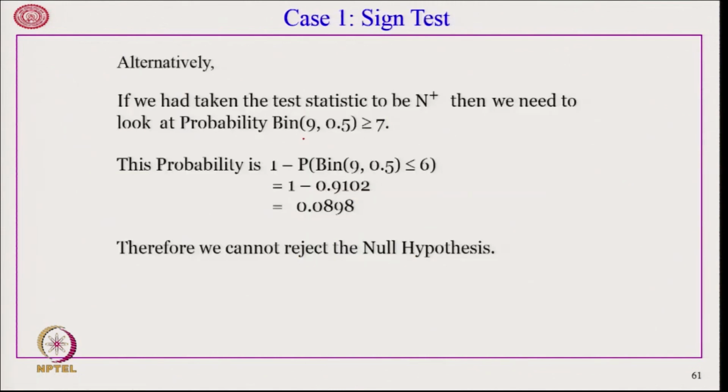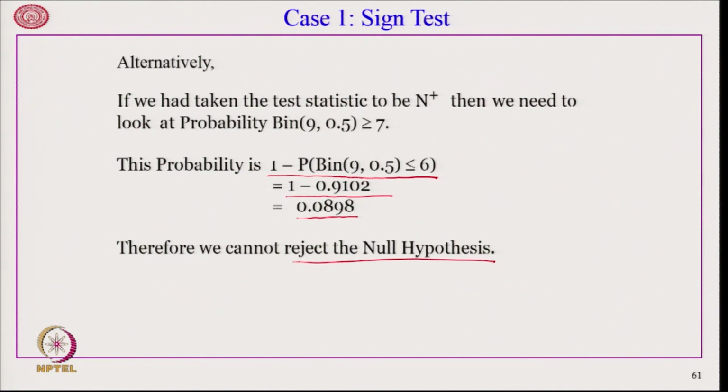Therefore, the probability is 1 minus 0.9102, which comes out to be 0.0898. Therefore, again by the same logic, we cannot reject the null hypothesis.